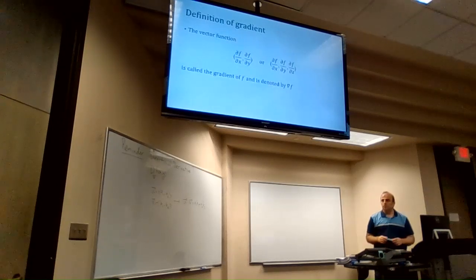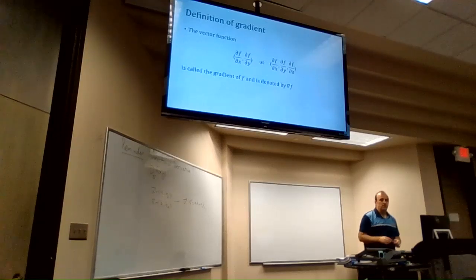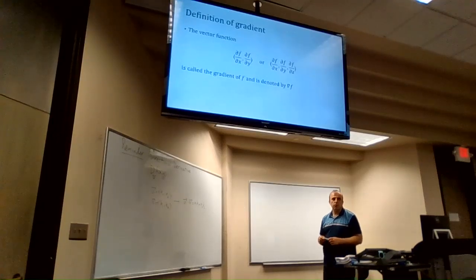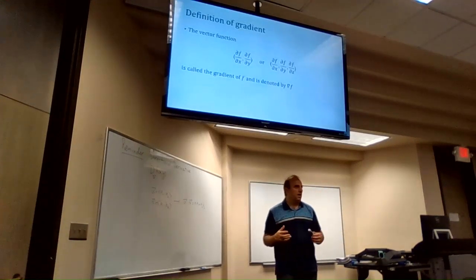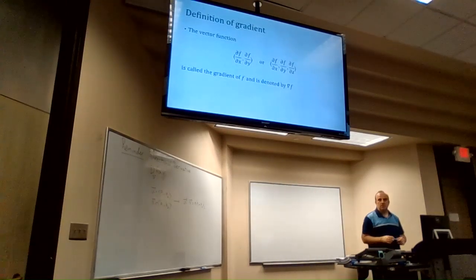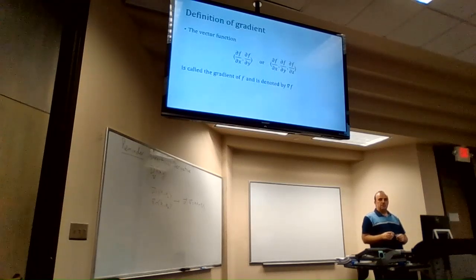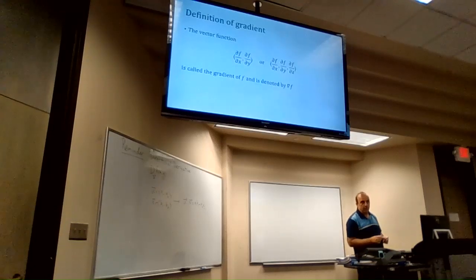Now, because of the importance of the vectors that are formed by using partial derivatives, they have a special name in mathematics in general, and it's called the gradient vector of a function at a given point.